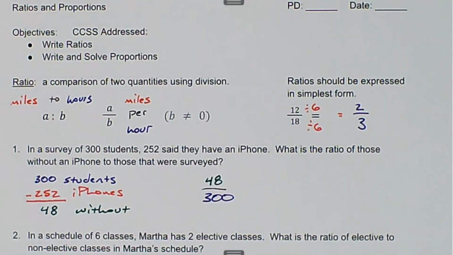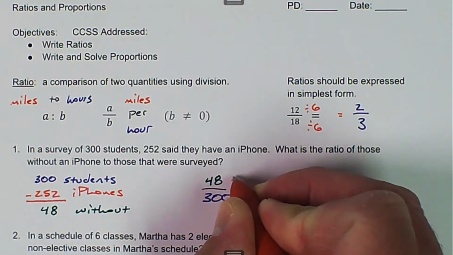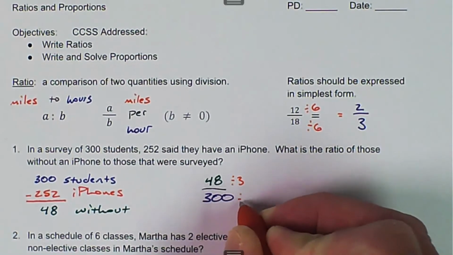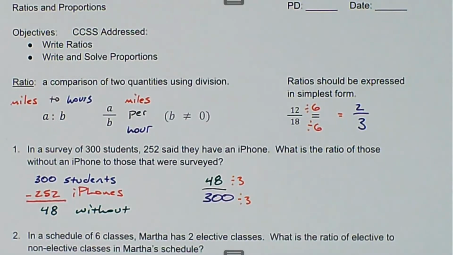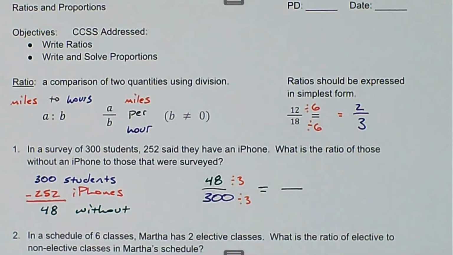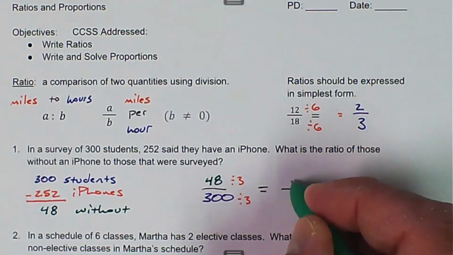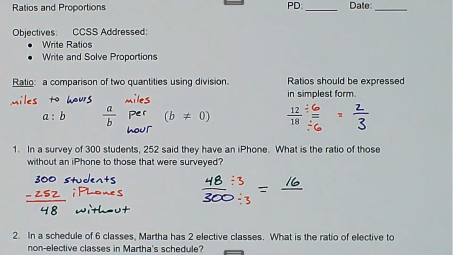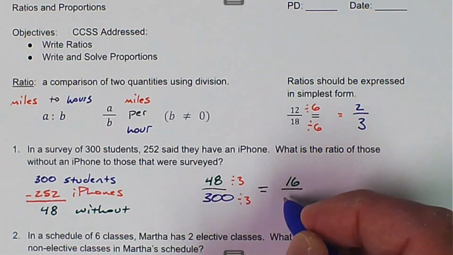So this is a ratio. However, it is not the simplest ratio. I know that both of these are divisible by 3. So if we divide them both by 3, 48 divided by 3 gives us 16, and 300 divided by 3 gives us 100.